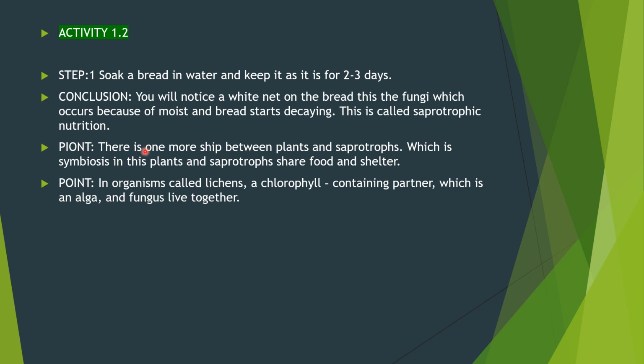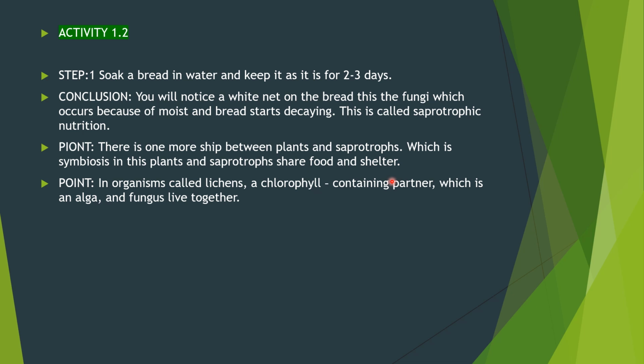Point 1. There is one more relationship between plants and saprotrophs, which is symbiosis. In this, plants and saprotrophs share food and shelter. Like, if we saw the picture previously, there was a tree, and the tree trunk carried a mushroom on it.